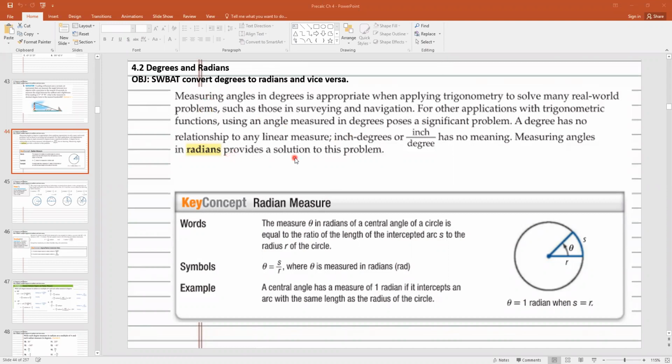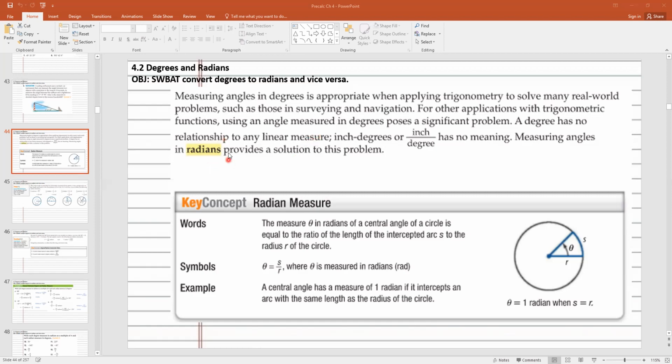You probably remember from last time, when we were using the calculator for calculating trig functions, I told you that it needs to be in degree mode. So on the calculator, it has to say DEG.